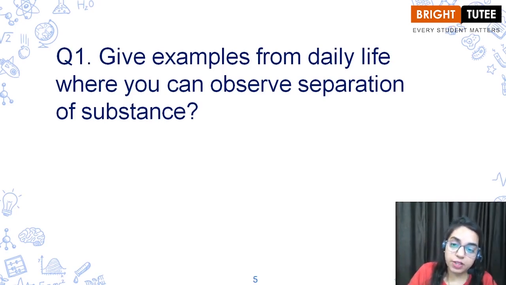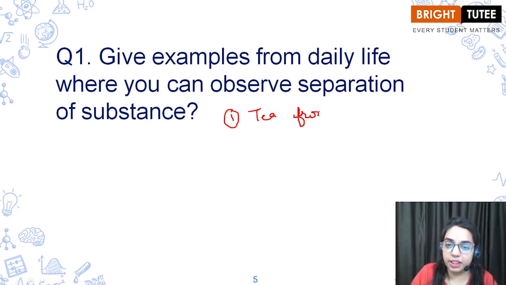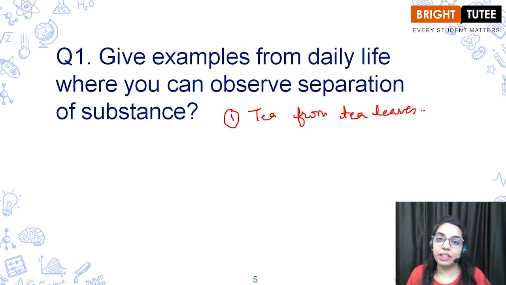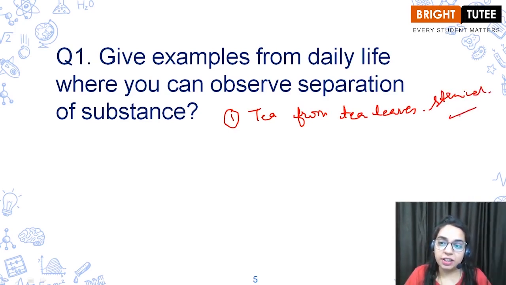So the first example that might come to your mind is separation of liquid tea from tea leaves, right? You might have seen at your houses, whenever the tea is made, the liquid tea is separated into a cup for consumption and the tea leaves are separated using a strainer, right?